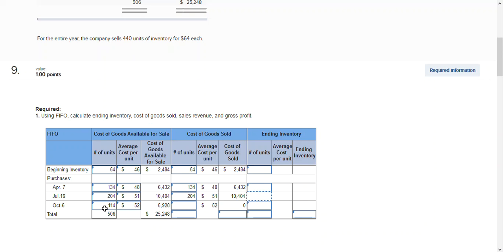There are 114 units here, and I'm just going to sell 48 of those. Basically, I started at the top and worked my way down through each layer until I reached 440 units. So if we add those together, the number of units sold should be 440 units.